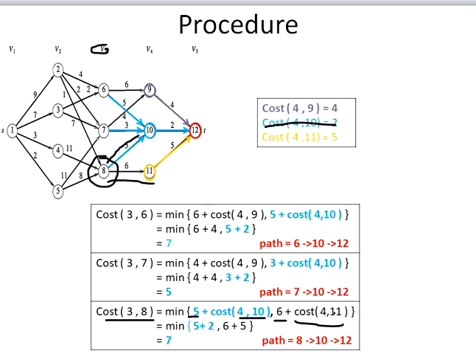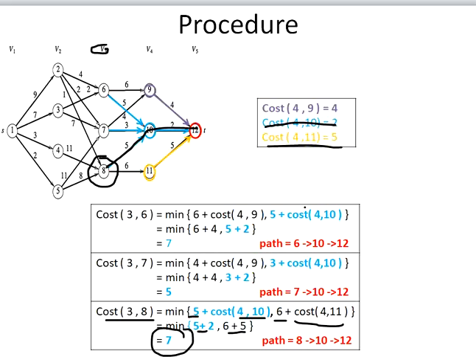The cost of 11 we know from the previous findings, so the cost of 11 is 5. So 5 plus 2 is 7, which is better than 6 plus 5, which is 11. So 7 we have chosen. The path chosen from here is from 8 to 10, 10 to 12. So the cost is 7, so we got 7.